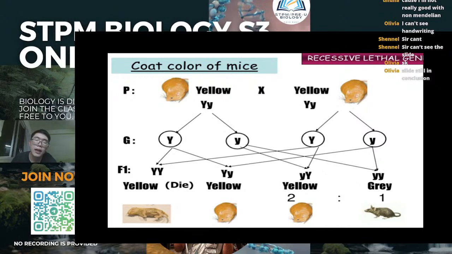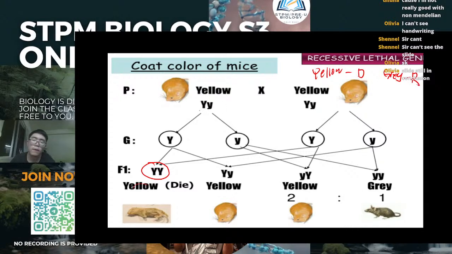Normally the color of the mice is either yellow or gray only. Yellow is dominant and gray is recessive.